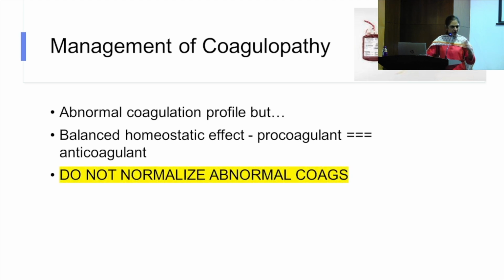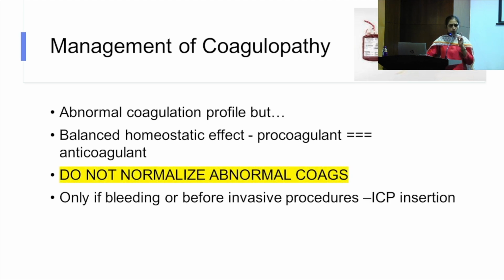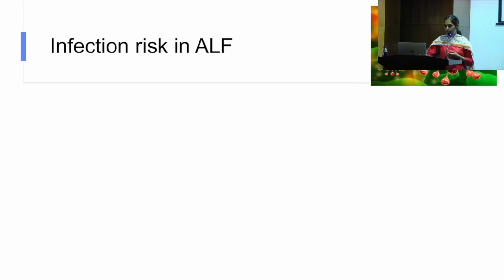Okay, it can actually cause more harm than benefit. Only if there is bleeding or you're going to do any invasive procedure, especially putting in an ICP monitor, then only you need to give blood transfusion to normalize the coags. But the coagulopathy, otherwise, I don't think you should be transfusing. TEG may be used in these instances, especially if you need to transfuse blood products. You can rationalize based on the TEG values and give the blood products.